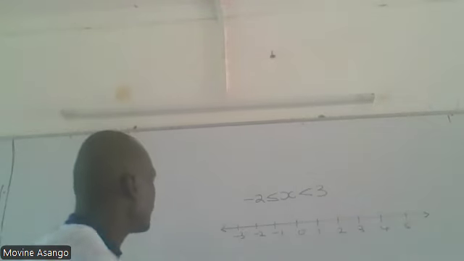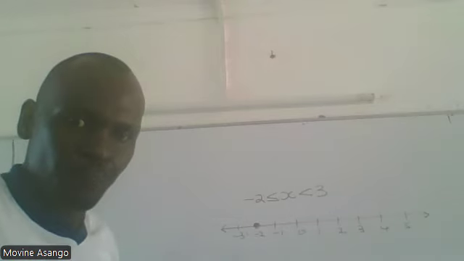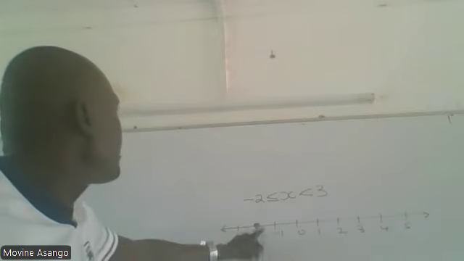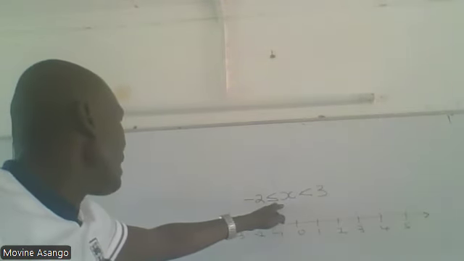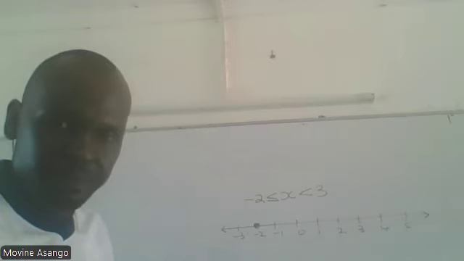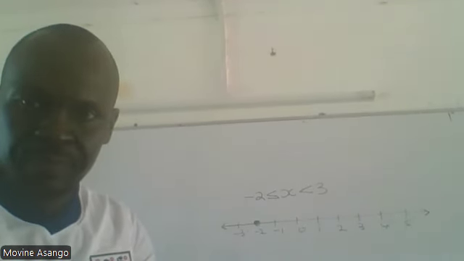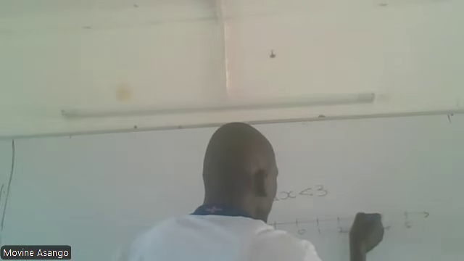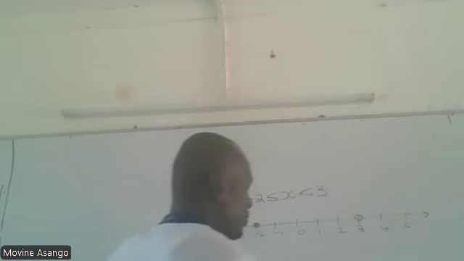So when you're beginning with -2, we said you start with -2 and you shade. You know why you shade it? To show where you begin. Yes, because -2 is part of x. x can be greater than -2 but can also be equal to -2. So we shade it. Then 3 is just circled but not shaded because x does not reach 3. It is less than 3.